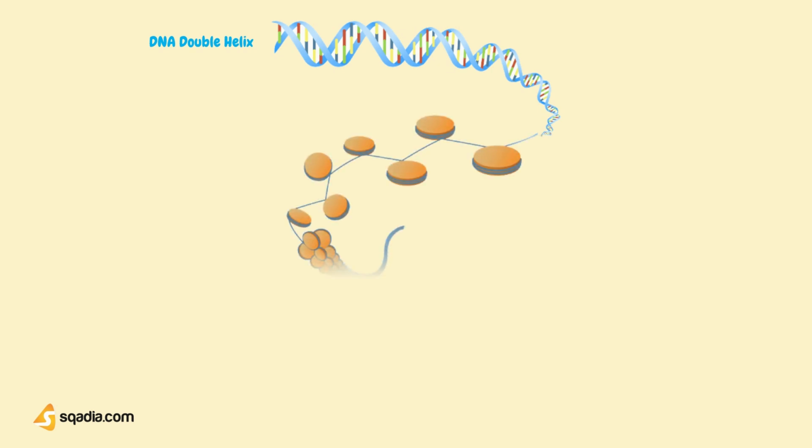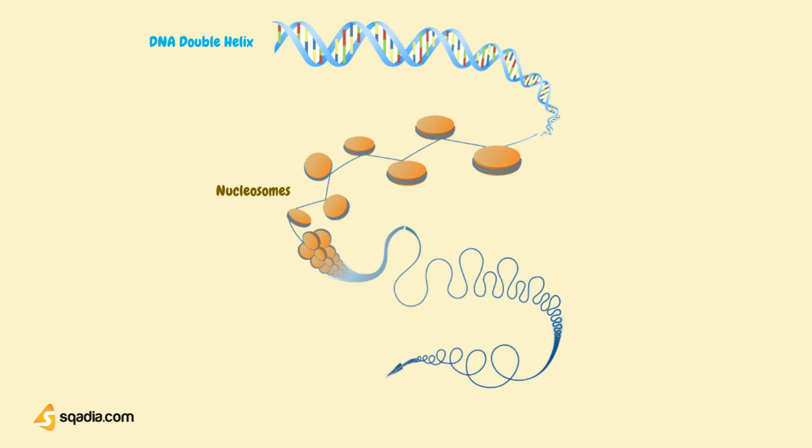A single length of deoxyribonucleic acid is wrapped many times around lots of proteins, called histones, to form structures called nucleosomes. These nucleosomes then coil up tightly to create chromatin loops.